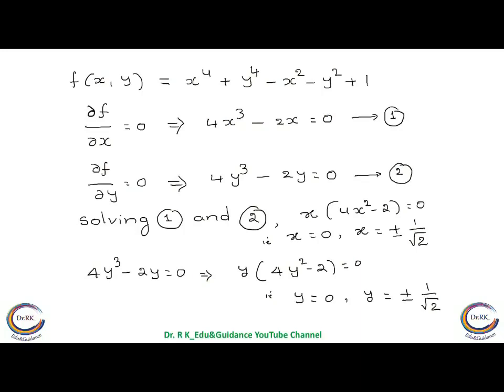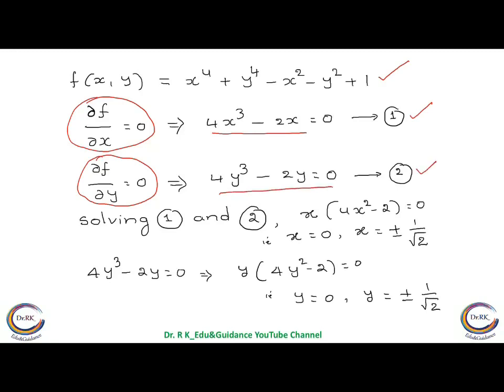So the function f of x, y is x power 4 plus y power 4 minus x square minus y square plus 1. Its partial derivative with respect to x equal to 0 gives 4x cube minus 2x equal to 0. The partial derivative of f with respect to y equal to 0 gives 4y cube minus 2y equal to 0.